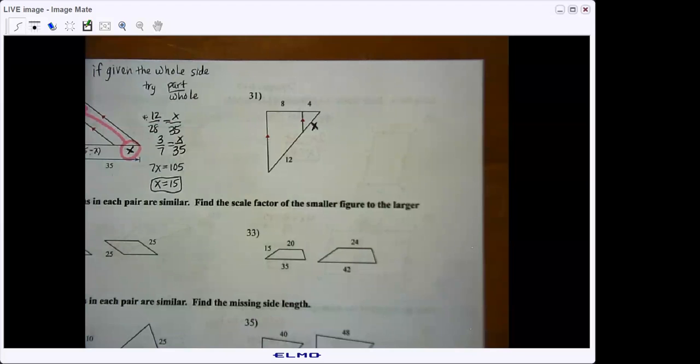Actually, there's a couple that flipped their other side. Okay, so let's go back and make sure that we've got that.